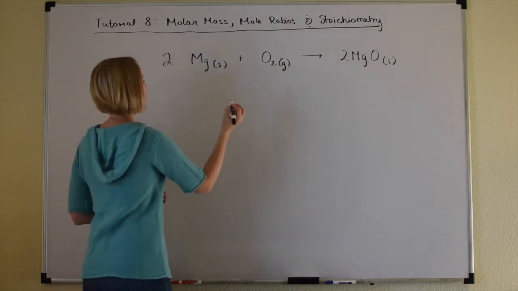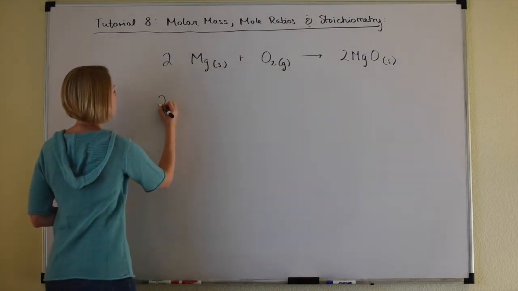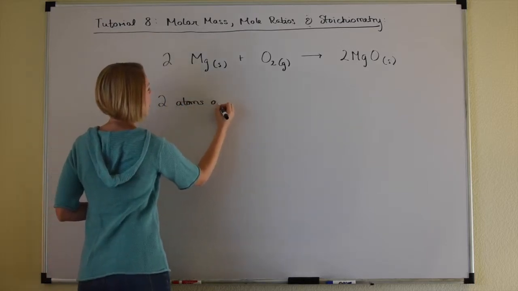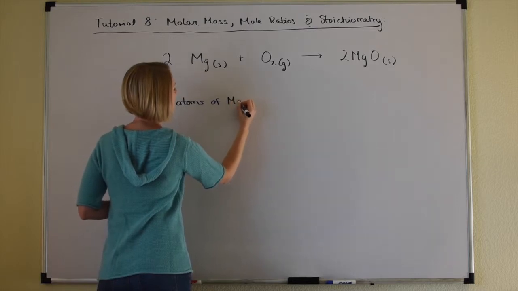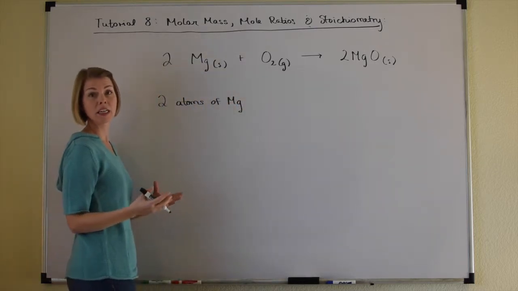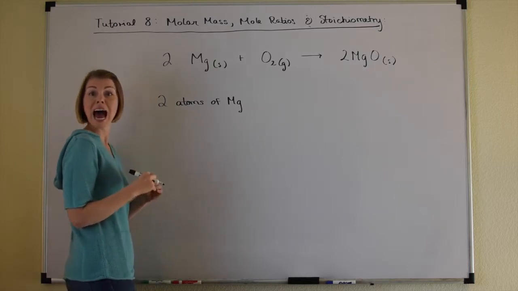We can read this equation as saying 2 atoms of magnesium. And I say atoms because magnesium is an element, so elements are composed of atoms.